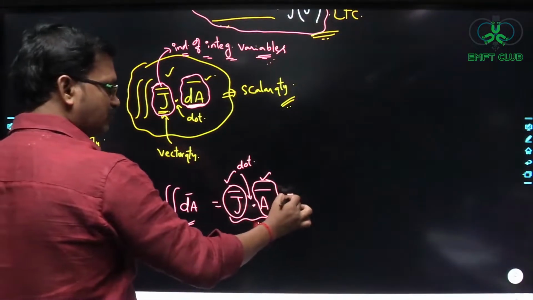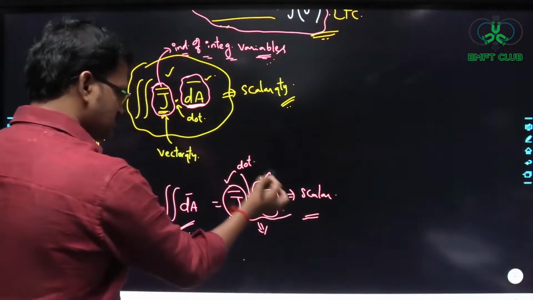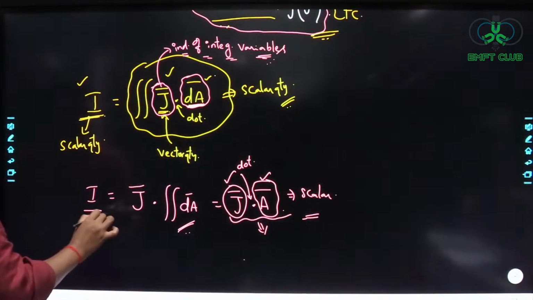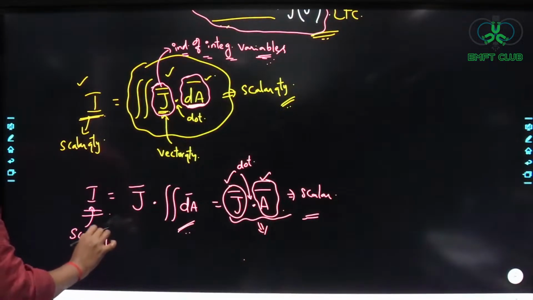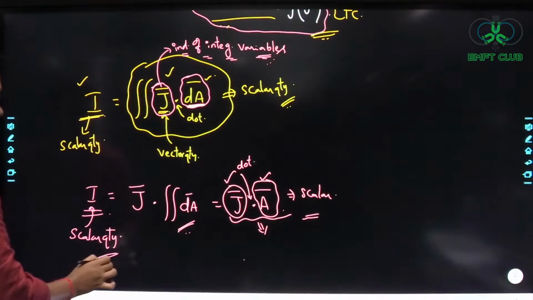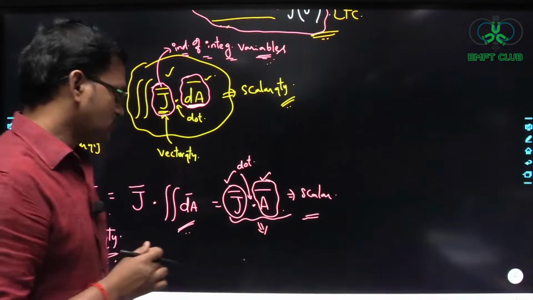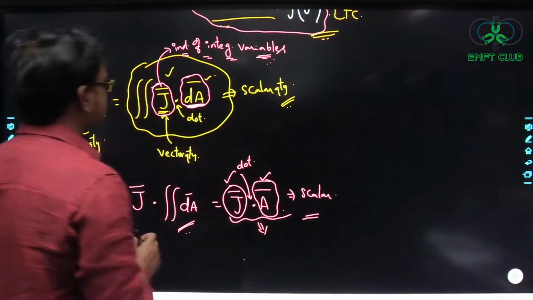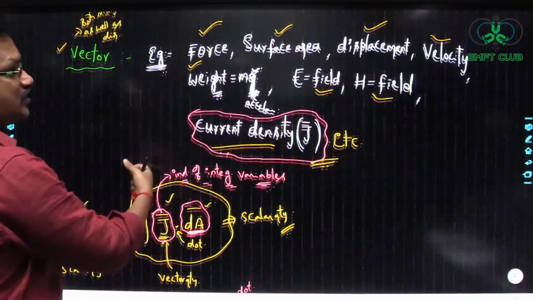The resultant of this dot product is a scalar quantity, which is nothing but current. Hence current is a scalar quantity, whereas current density is a vector quantity.